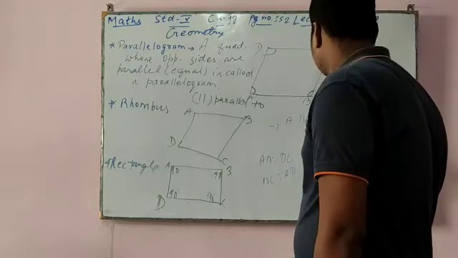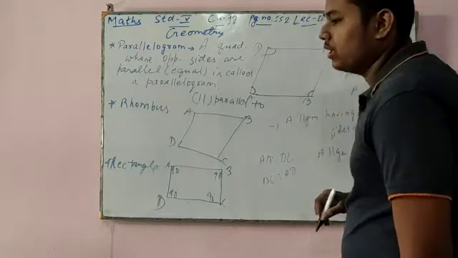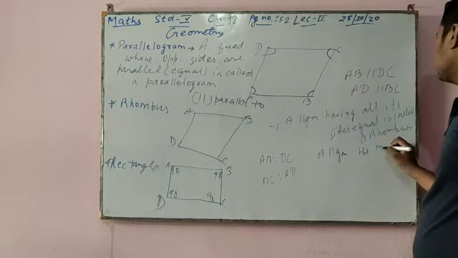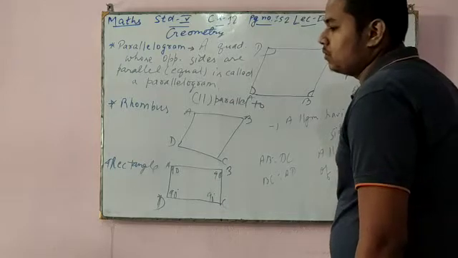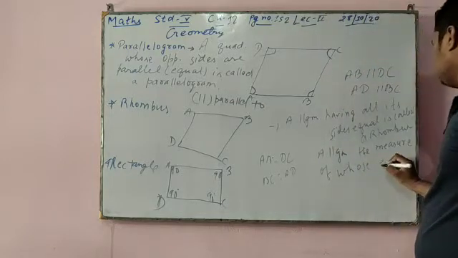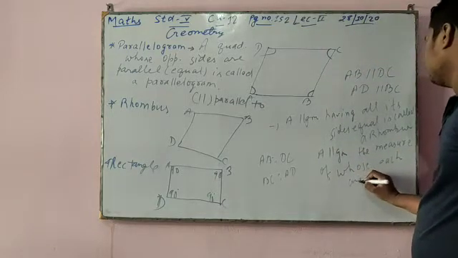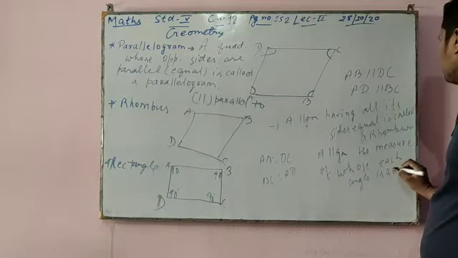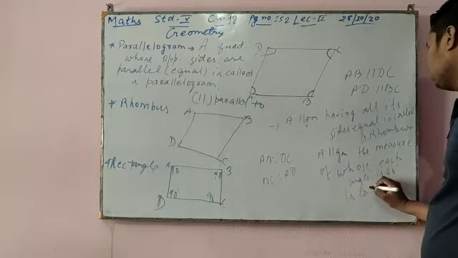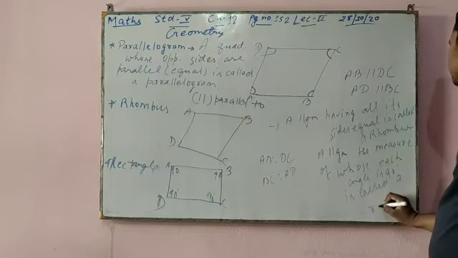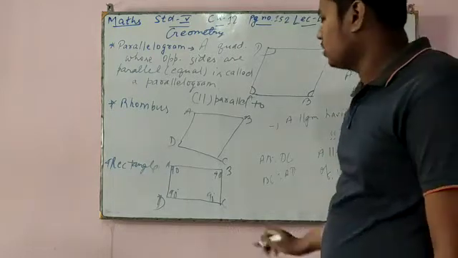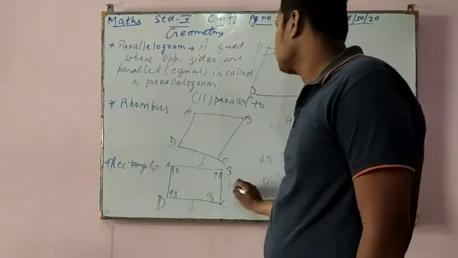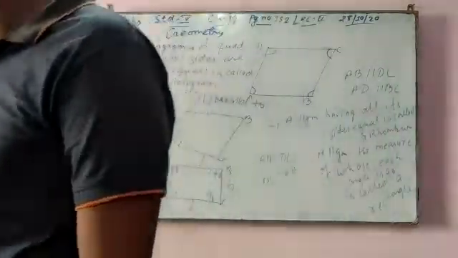So a parallelogram whose each angle is 90 degrees is called a rectangle, and its opposite sides are equal. This is length, this is breadth.